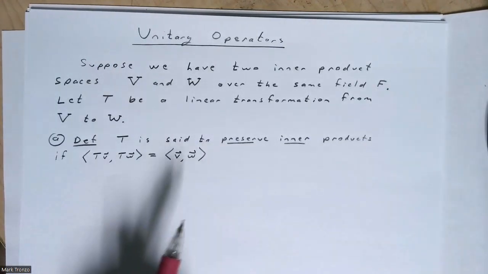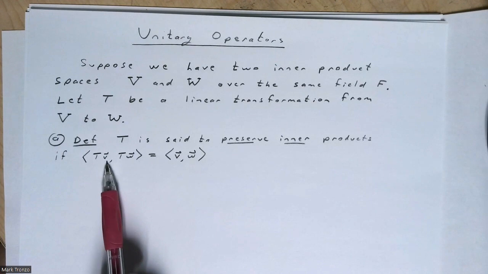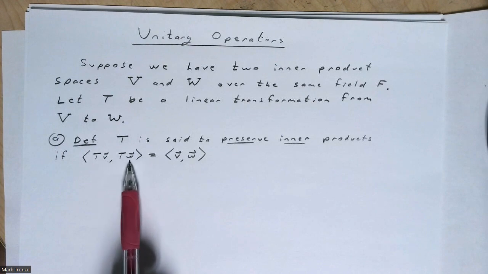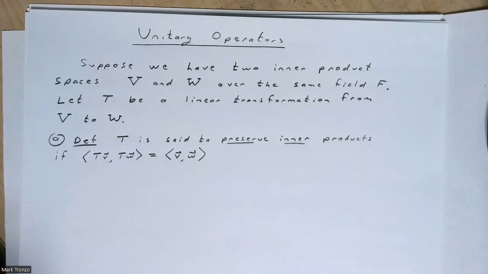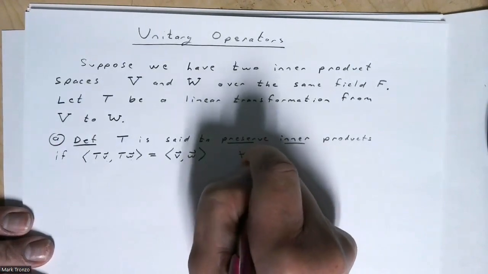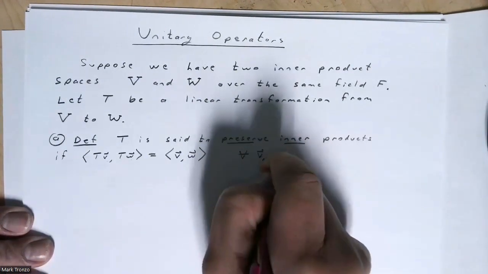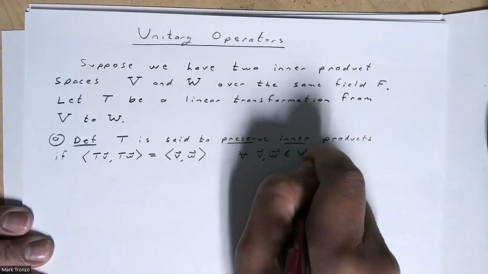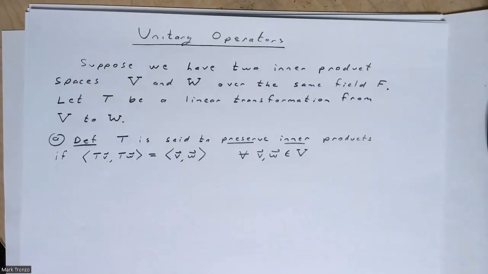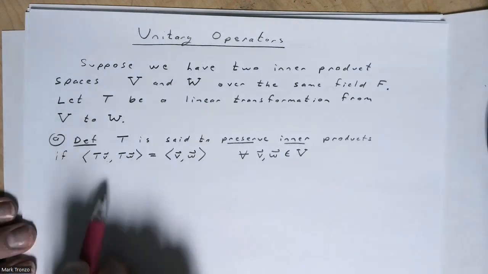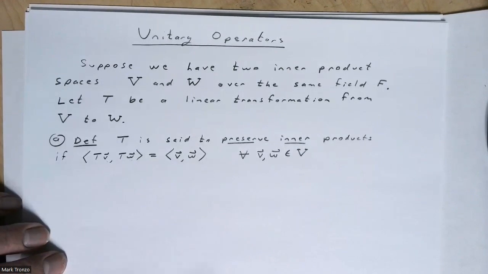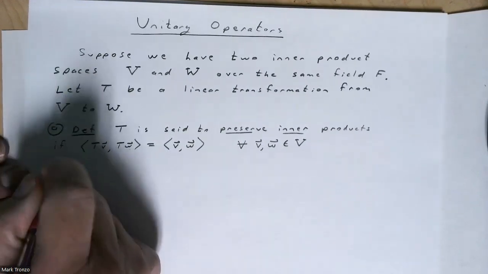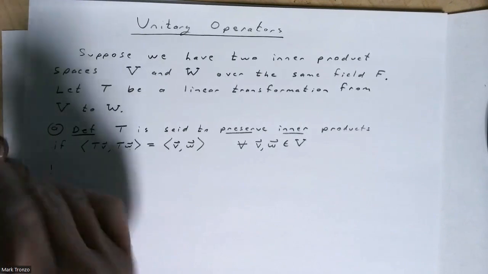If you take the transformation of V and the transformation of W in the inner product, that's going to be equal to the inner product of V and W, and that has to be true for all V and W in the vector space V. So if this is true for all vectors in the vector space V, then T is said to preserve inner products.